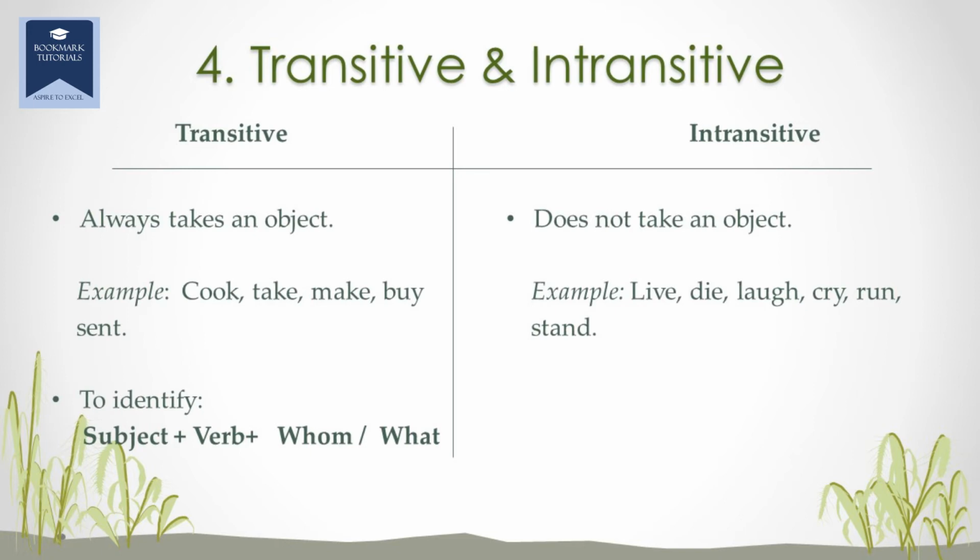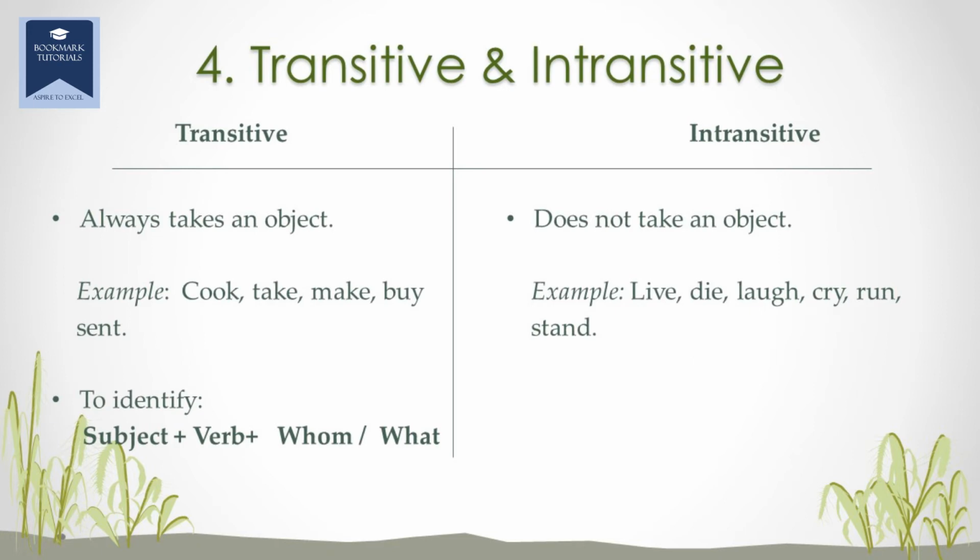Some examples of transitive verbs are cook, take, make, buy, and send. On the other hand, an intransitive verb will not have an object. Examples are live, die, laugh, cry, run, and so on.